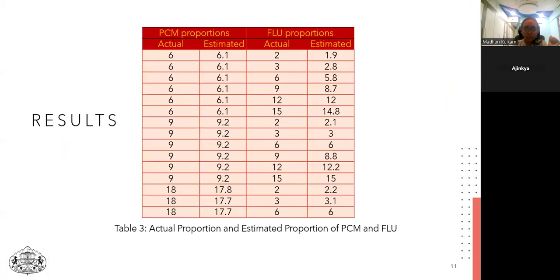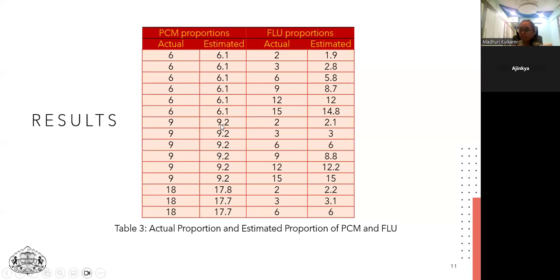So these were the results. See here, these results are for training data. When the actual value was 6, the model predicted it as 6.1. Whenever it is 6, the prediction is 6.1.